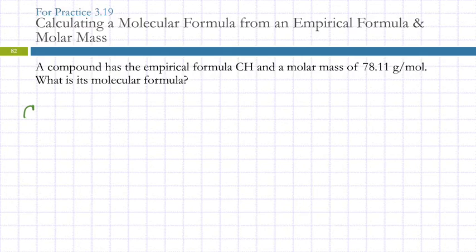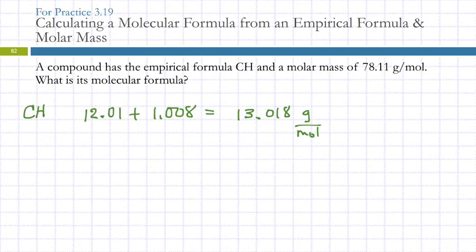For the empirical formula, we've got 1 carbon and 1 hydrogen. So that's 13.018. If that was the molecular formula, it would be that many grams per mole.